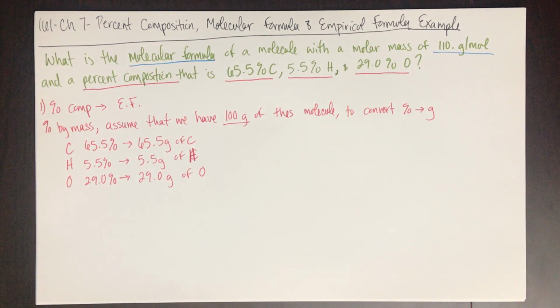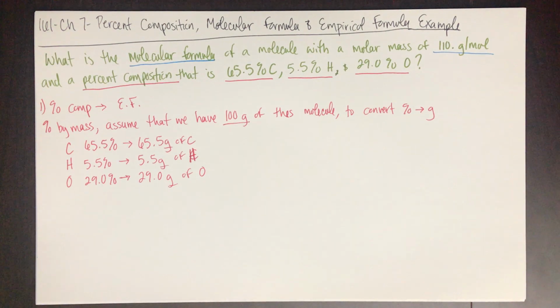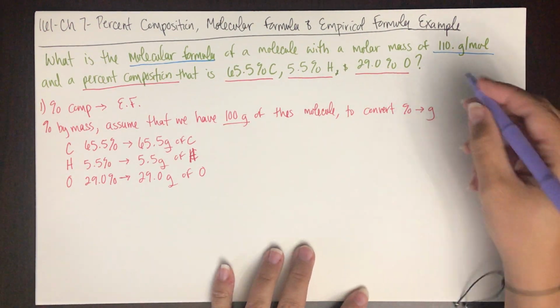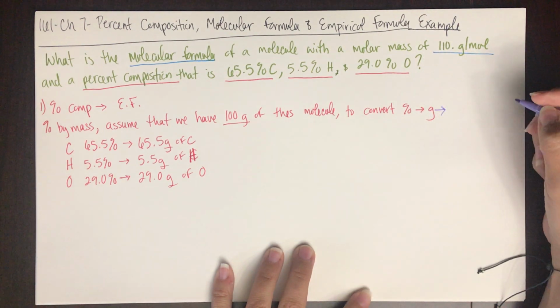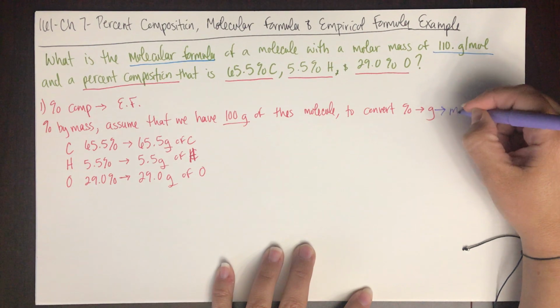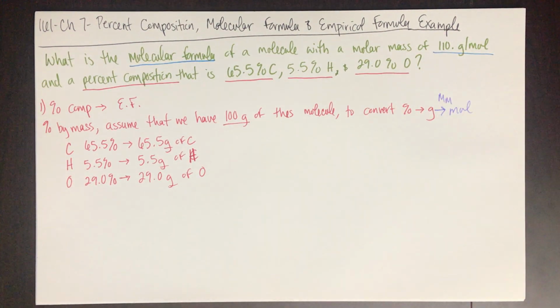Okay, so now we are going to convert these grams to moles. Here we converted percent to grams. Next we're going to convert grams to moles, and we're going to do that using the molar mass of each element.